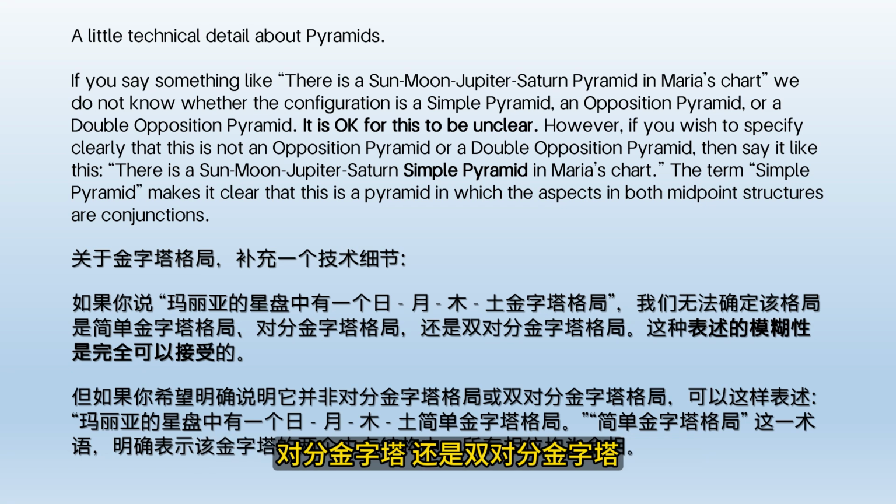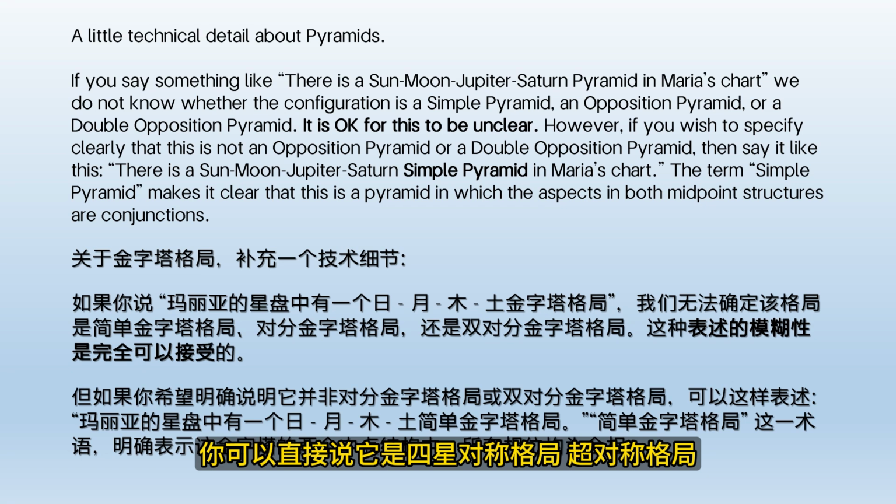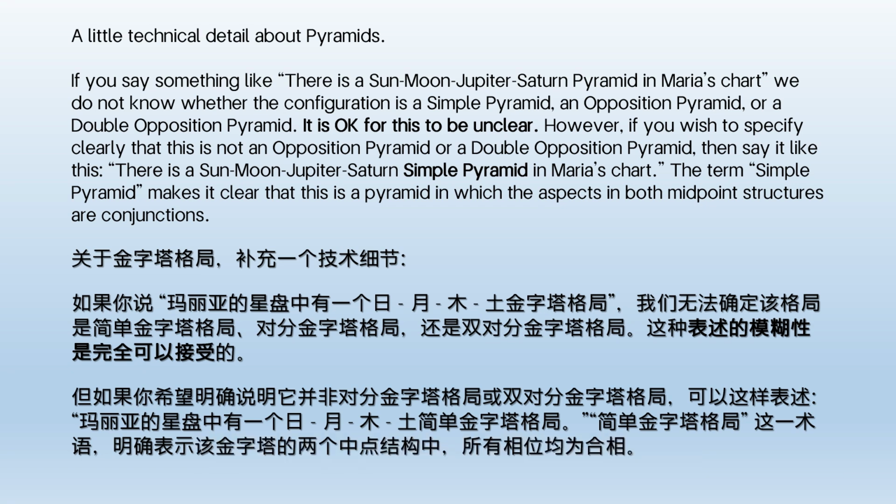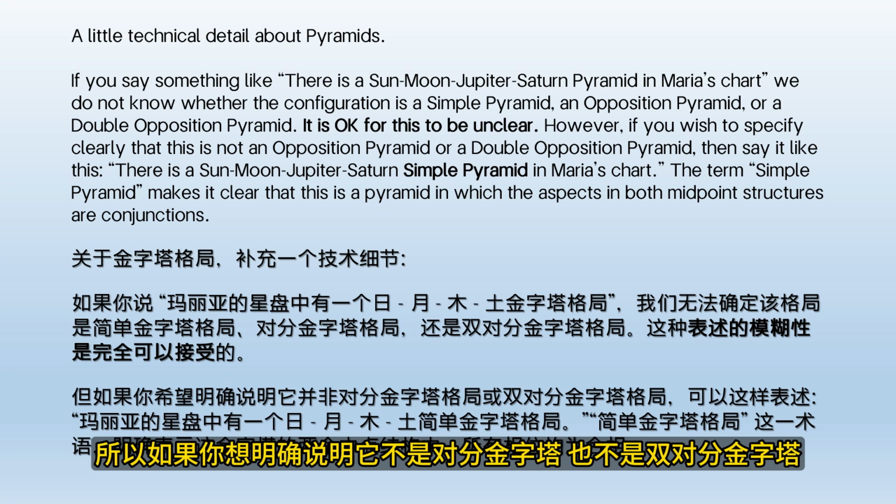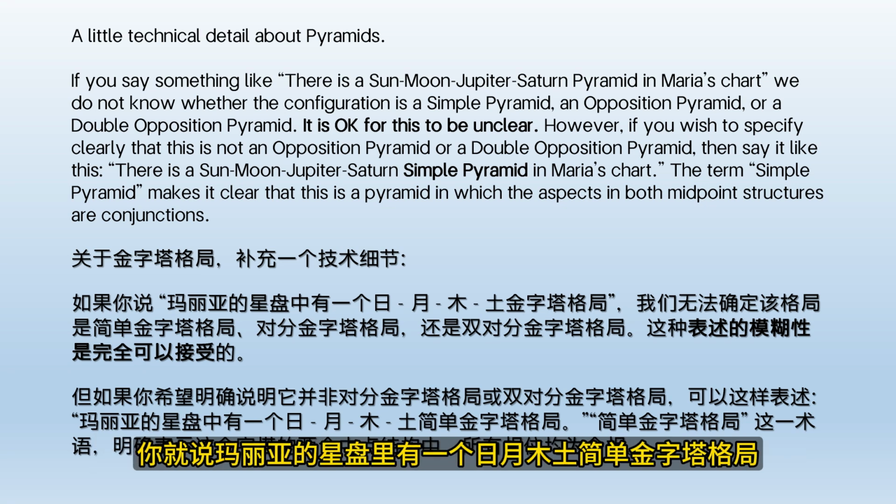And in bold, I said it is okay for this to be unclear. I mean, you didn't even have to say it's a pyramid. You could have just said it's a 4-planet supersymmetry pattern. So that's up to you how much detail you want to give or are even aware of. So if you wish to specify that this is not an opposition pyramid or a double opposition pyramid, then you say there is a Sun, Moon, Jupiter, Saturn simple pyramid.